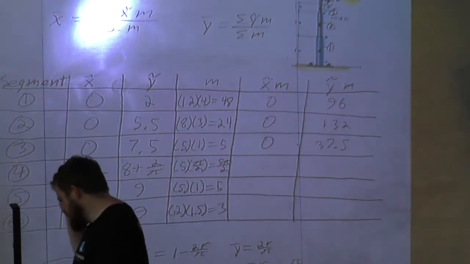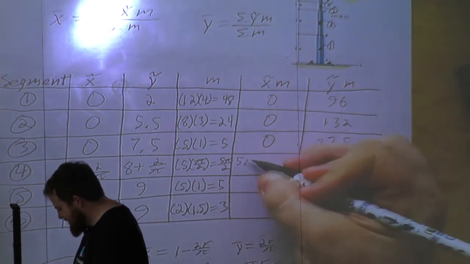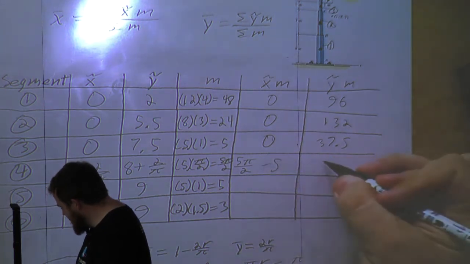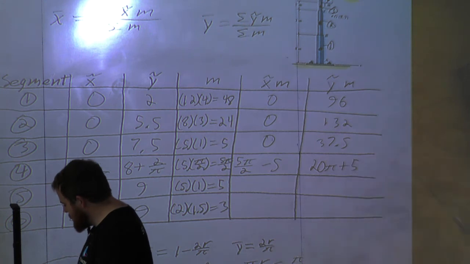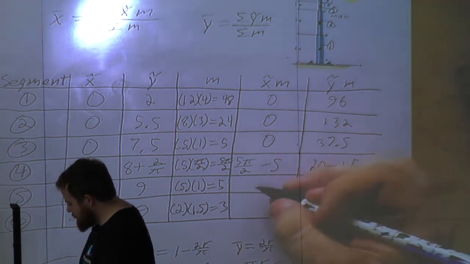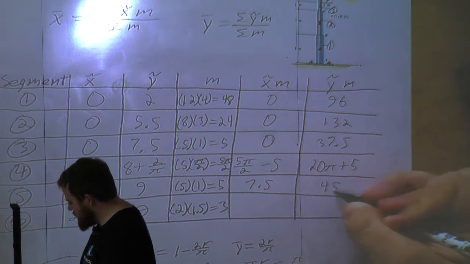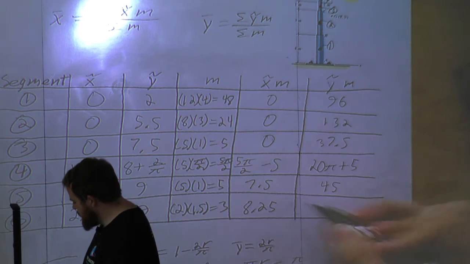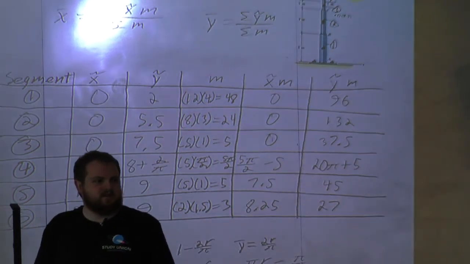But I like to keep it clean. So when you multiply these, you get 5 pi halves minus 5 and 20 pi plus 5. Okay? This is going to be 7.5, 45, 8.25, and 27. So that's just plugging into your calculator.